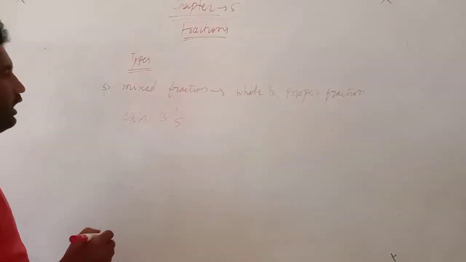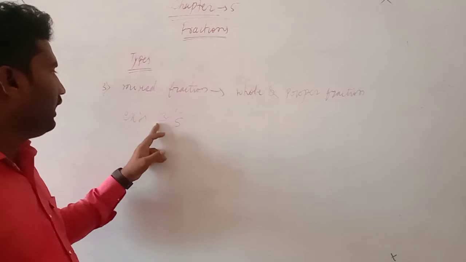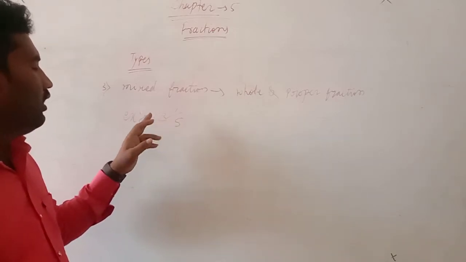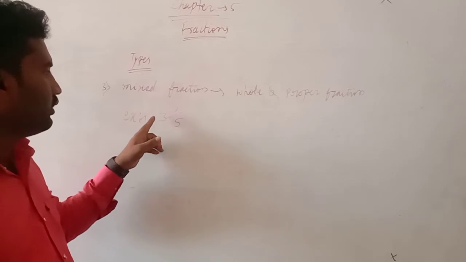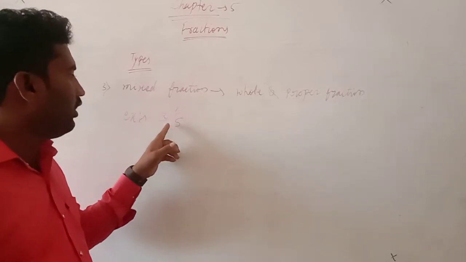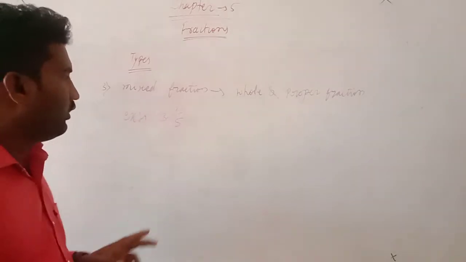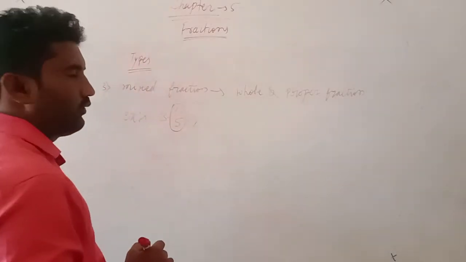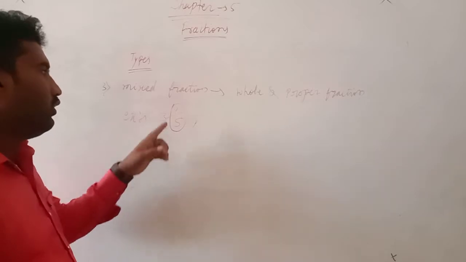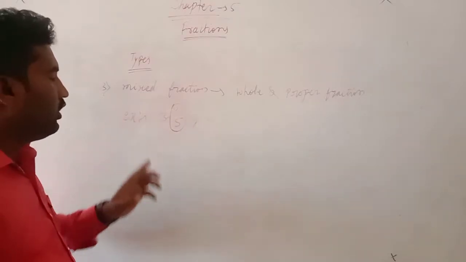We can read it as 3 integer 1 by 5 or 3 whole 1 by 5. How should we read this one? 3 integer 1 by 5 or 3 whole 1 by 5. Here the numerator is less than the denominator.